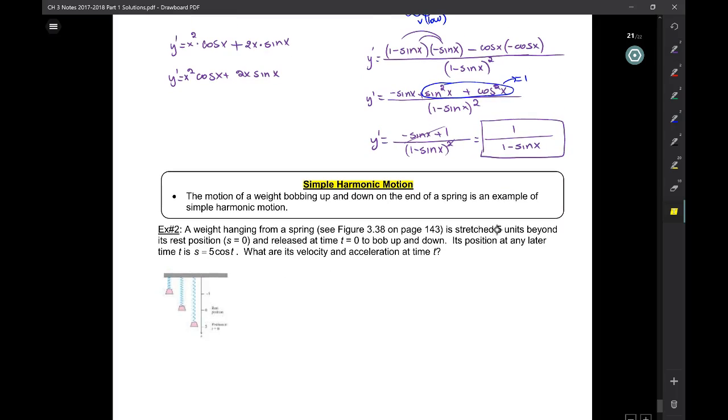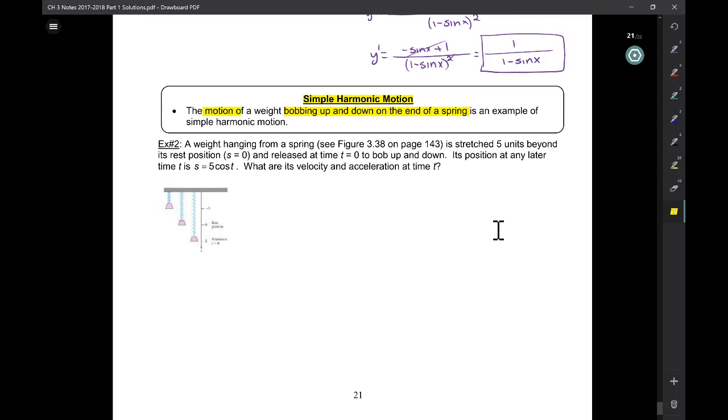Simple harmonic motion is the name for the motion of a weight, basically going up and down at the end of a spring. So let's take a look at this example. You have a weight hanging from a spring.